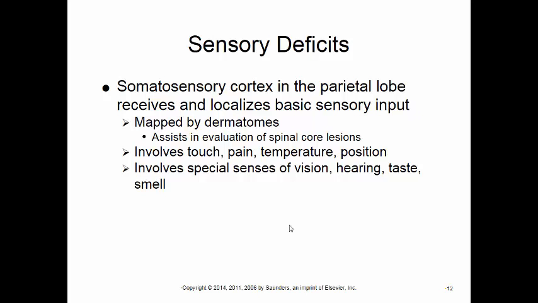So we can see if you can't feel this area of the skin, that means that this spinal nerve could be damaged. The somatosensory can also involve touch, pain, temperature, and position, and involves the special senses, such as vision, hearing, and taste and smell. So you can end up with sensory defects with neurological disorders.